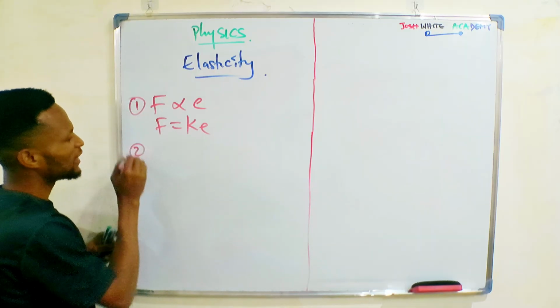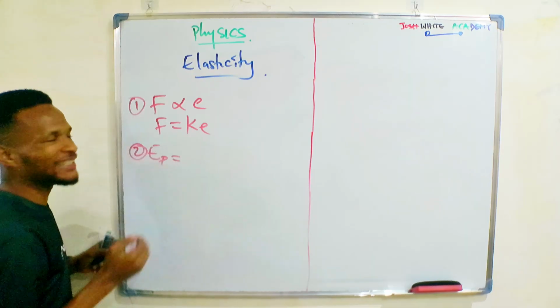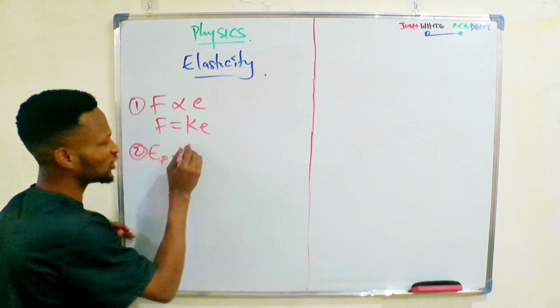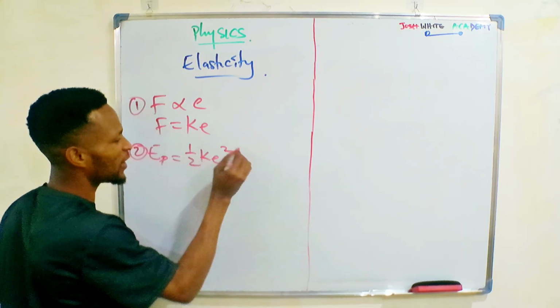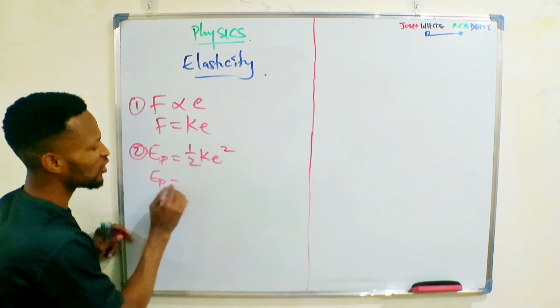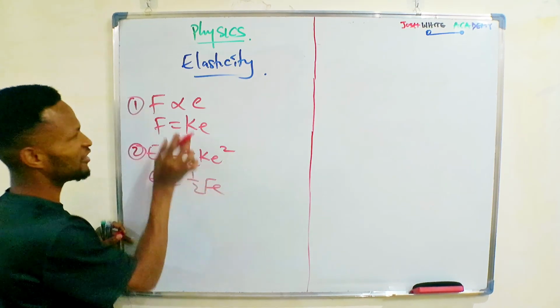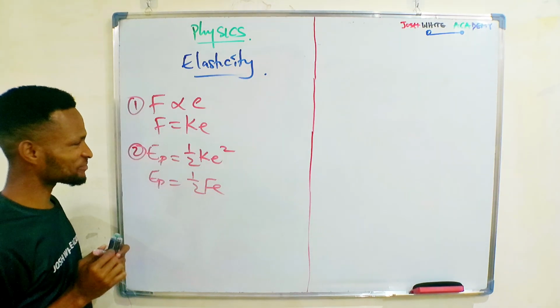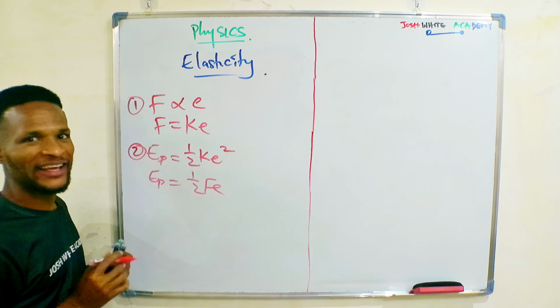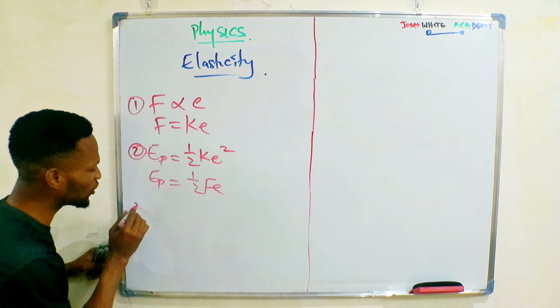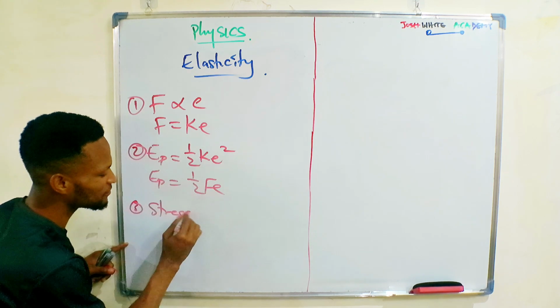We have energy stored in a stretched spring is 1 over 2 Ke squared, or 1 over 2 Fe from our Hooke's law. Then we have another thing called stress.